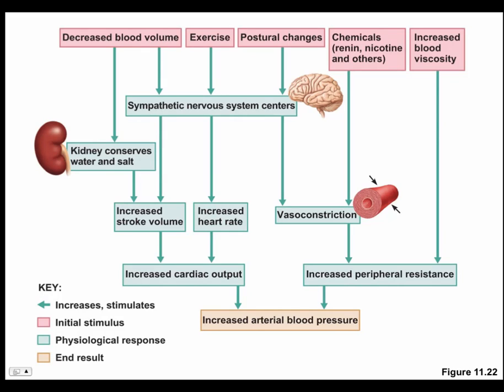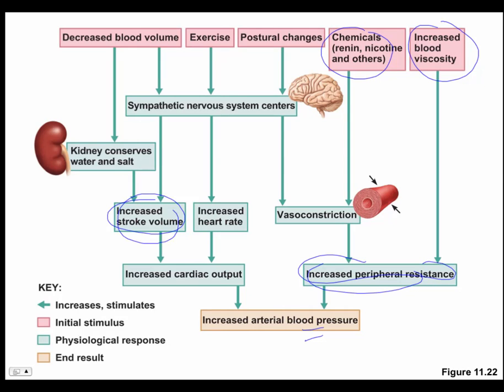Here's an illustration of the different factors that can give rise to increasing your blood pressure. Once again, those chemicals increase resistance. If you don't drink a lot of water, you have lots of viscosity within your blood, also increasing that resistance. Stroke volume.